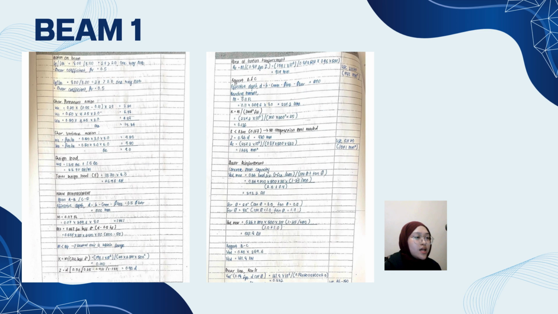Since our calculated K value is less than the K limit, 0.167, no compression steel is required. To handle the tension, we decide to use 5H20 bars, which provide an area of 1571 mm².